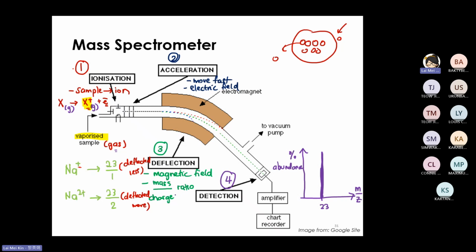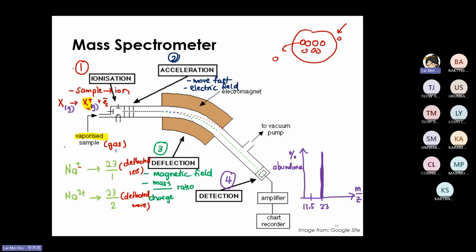Let's say there is a once-I-hit, I get to detect this sodium 2 positive. But because it's a very once-in-a-blue-moon kind of thing, maybe I detect it only once. So this will be under mass over charge 11.5, which will produce a very small peak.